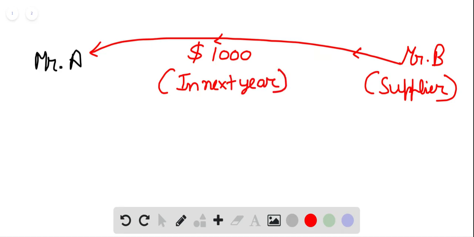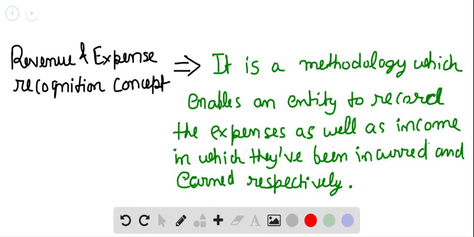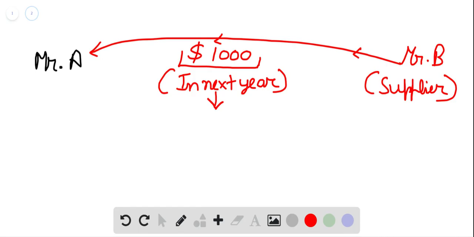Now what happens? This $1,000 will be recognized as expense in the current financial year instead of the next financial year. So that is what our concept says, irrespective of when the expense is paid. Mr. A is incurring the expense of purchasing raw material in the current financial year, but he is willing to pay those expenses in the next financial year.